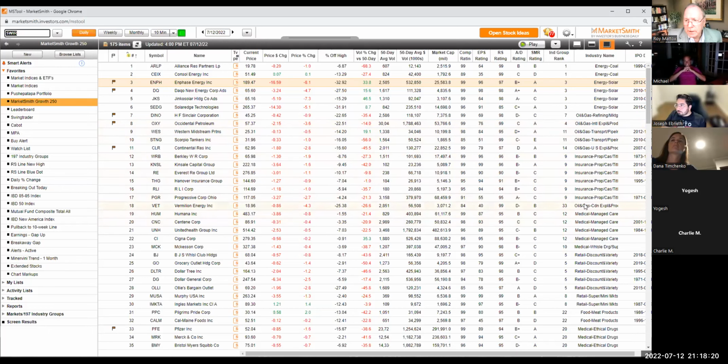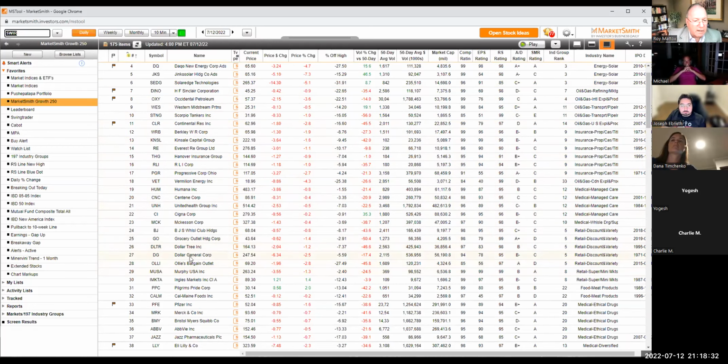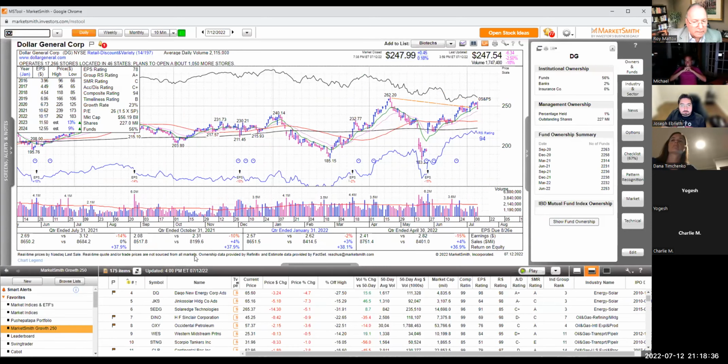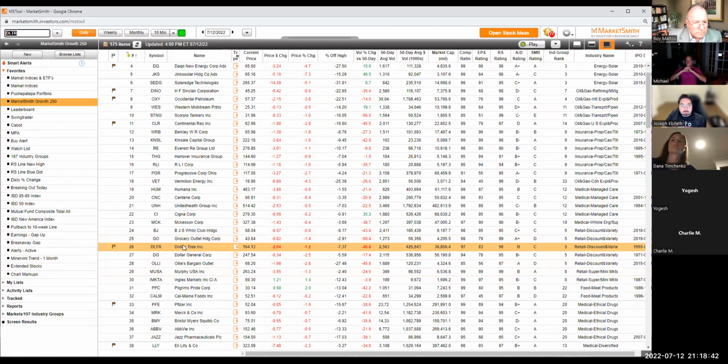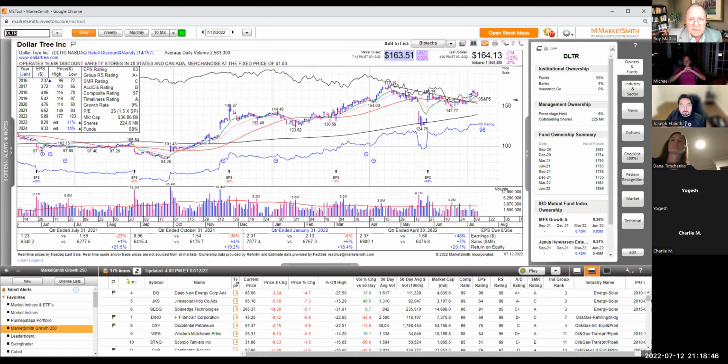But look over here at the industry groups. You don't want any insurance and property and casualty stocks. The HMOs are defensive. That's where people are hiding. They're hiding in these discount variety stocks like Dollar General and Dollar Tree. So, discount stock, look at this break.